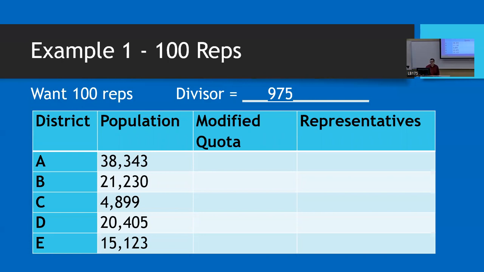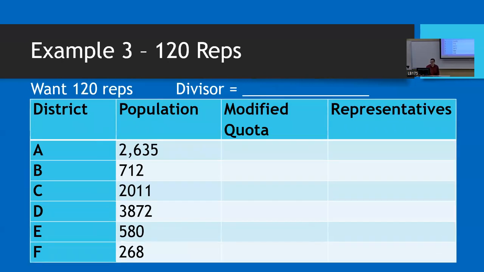We did examples number 1 and number 2 last time. I'm going to do example 3 this time. In example 3, we want 120 representatives. We have the same districts as we had in example 2, but now we want 120 representatives.